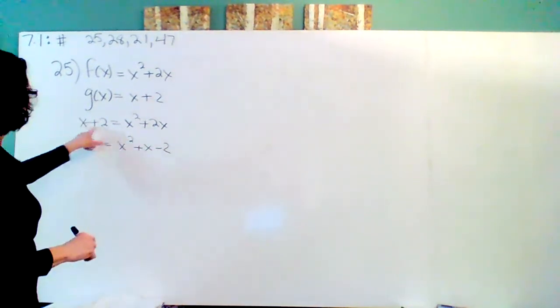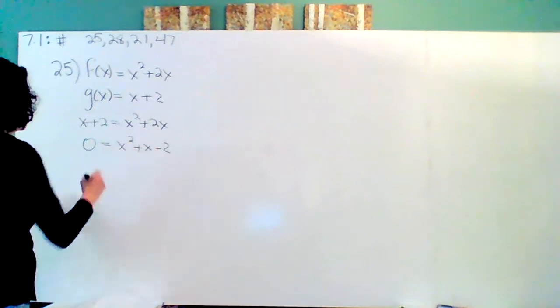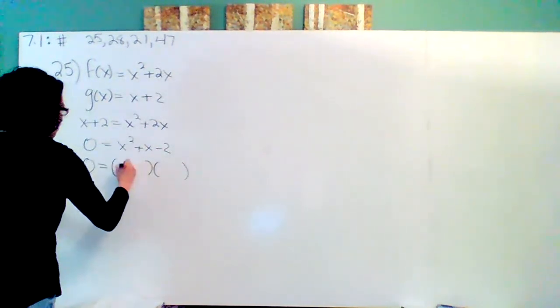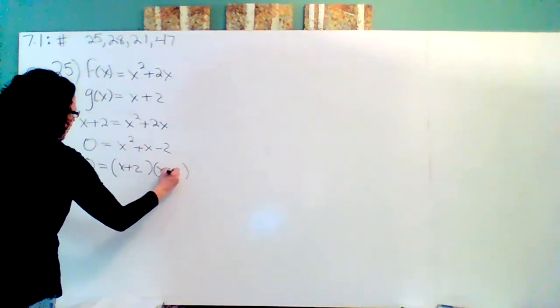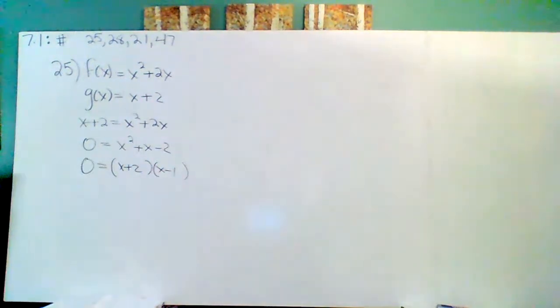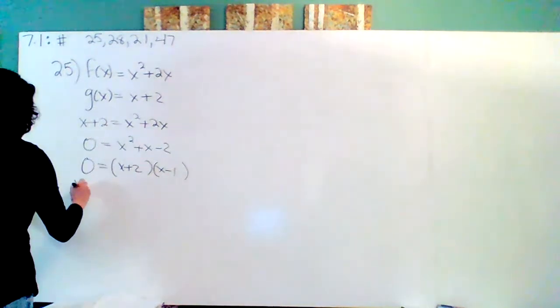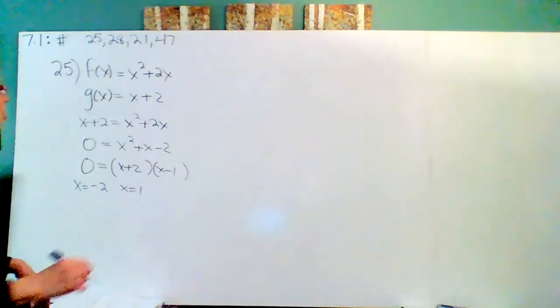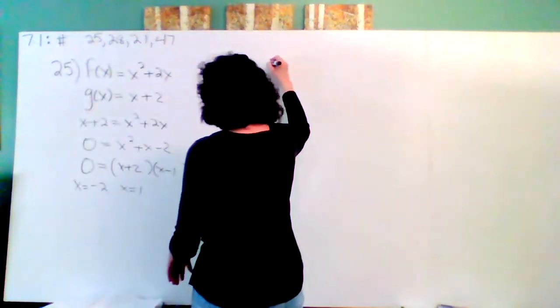I'm going to subtract an x here, subtract a 2. Excellent. So that would be x plus 2 times x minus 1, and so that would be an x of negative 2 to an x of 1. Okay, let's go ahead and sketch that.